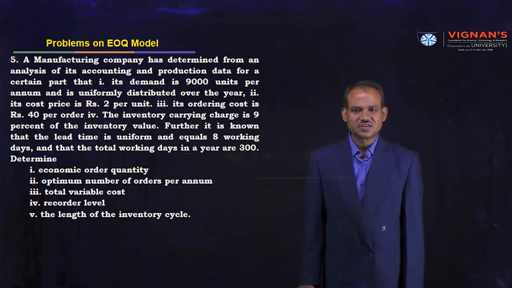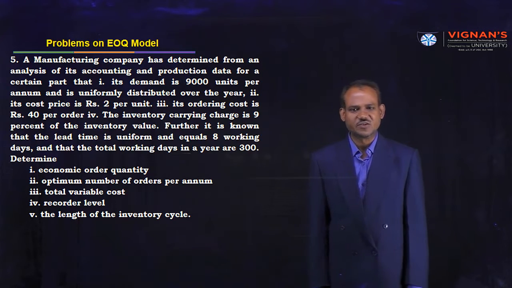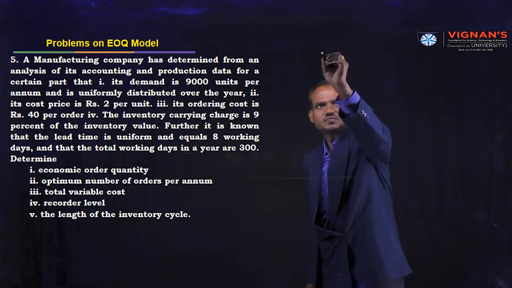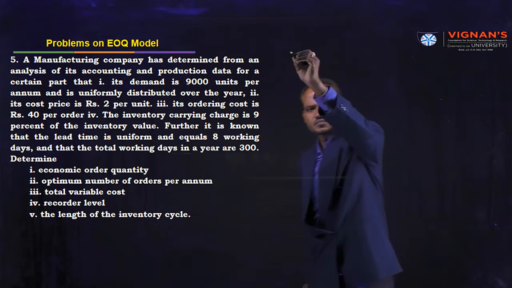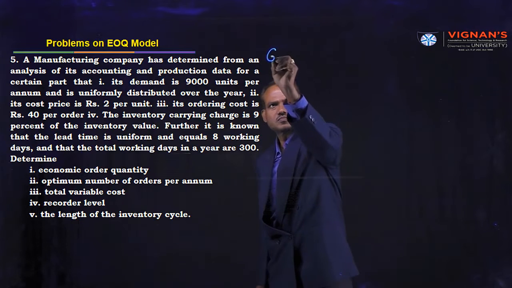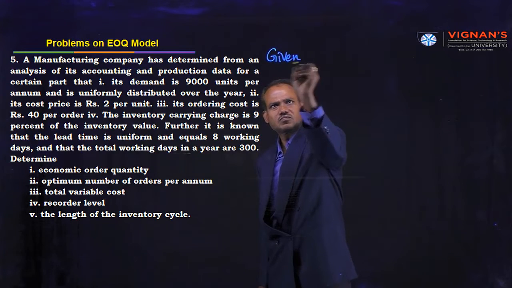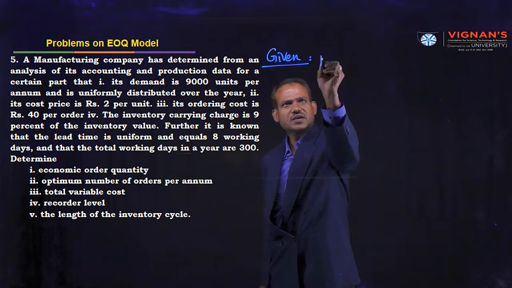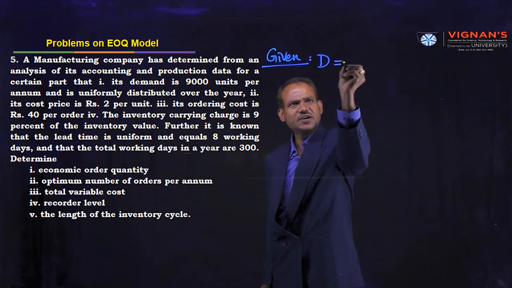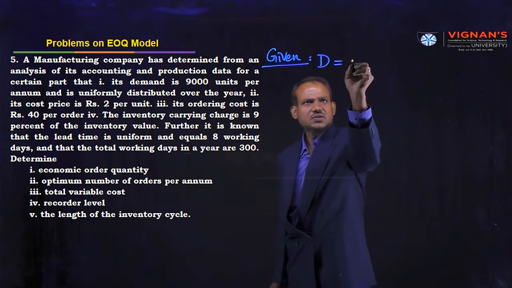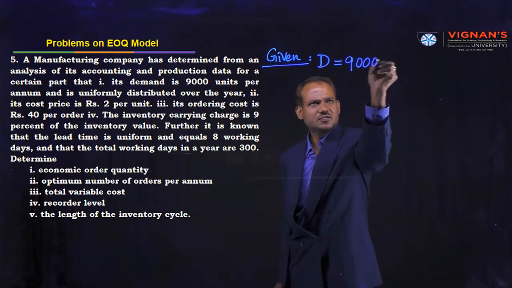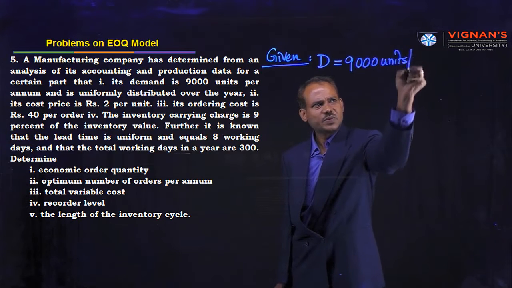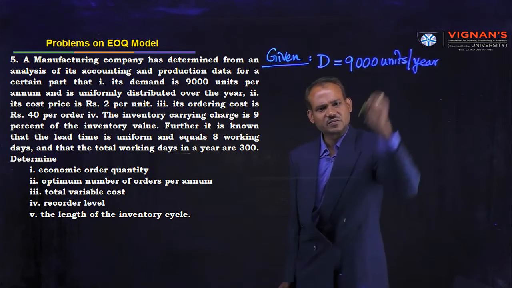So from this sentence we can observe that annual demand value is given. First write down the given data. Given annual demand capital D is equal to 9,000 units per year. Annual means year.